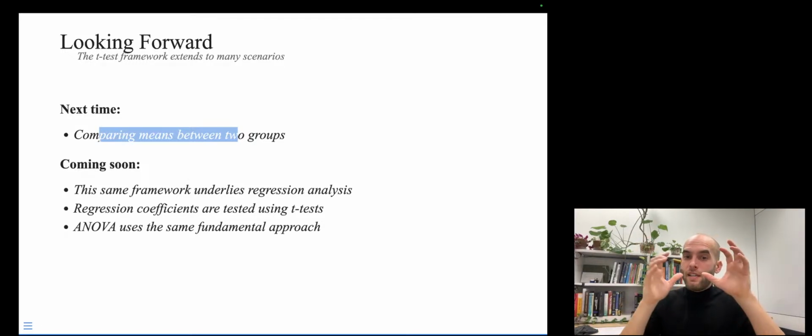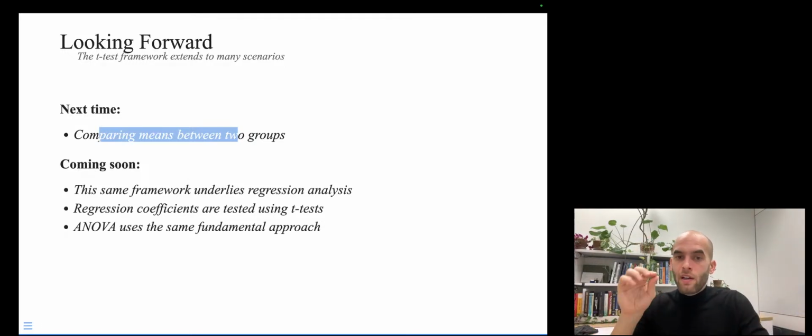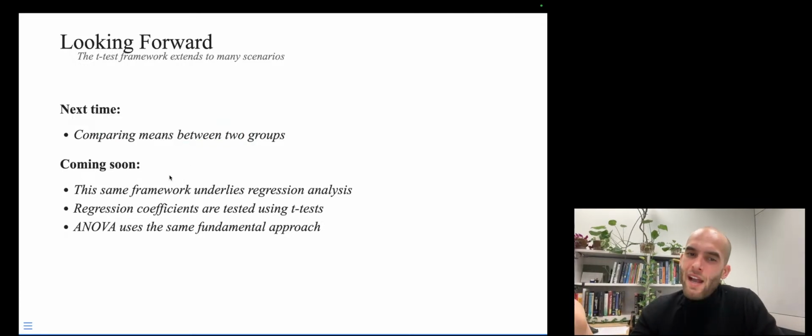I'm going to show you this a little bit later: this t-test approach is actually a very simple regression. So we're going to do all of this in the context of running regressions. They are exactly the same model, all under the same umbrella. We're also going to talk about ANOVA, which is essentially comparing between multiple groups.